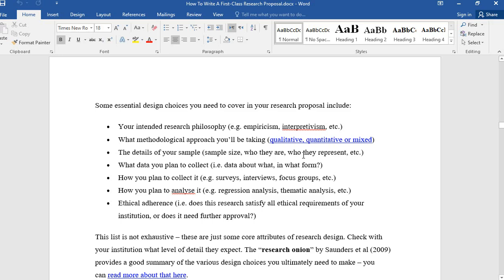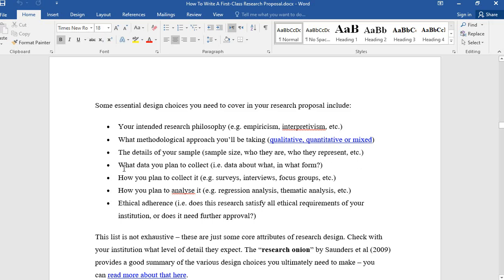Who they are, you have to write actually who they are, what kind of language proficiency do they have, what kind of language background do they have, where do they come from, what knowledge do they have, how old are they, what is their gender, are they male, female, who they represent, are they representing a whole community, for example, or a small sample of people in a particular school or university.